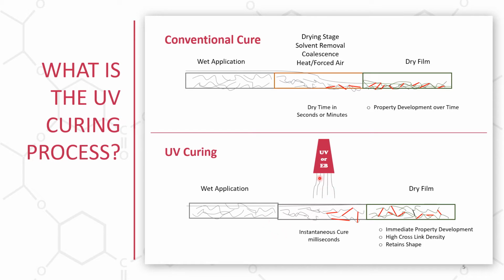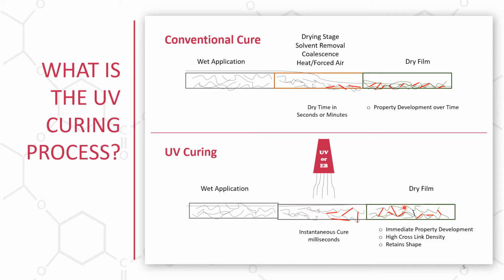It gets exposed to UV energy or electron beam, and you get instantaneous cure for the most part, or at least initial cure. It starts a reaction. However, in cationic cure, this will actually extend quite some time after the initial cure. And I'll speak about that in one of the following slides.